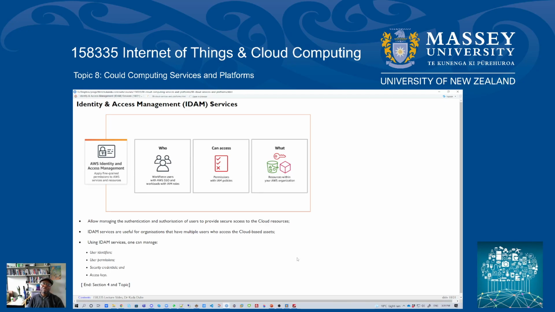Right, now identity and access management is very important. It's a very important type of service that most clouds provide. The focus for the identity and access management service is to apply fine-grained provisioning to resources and users.